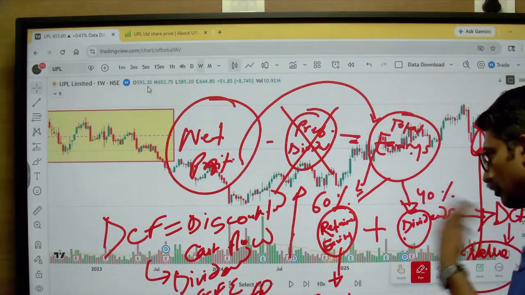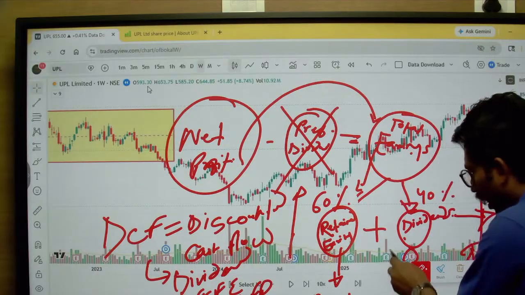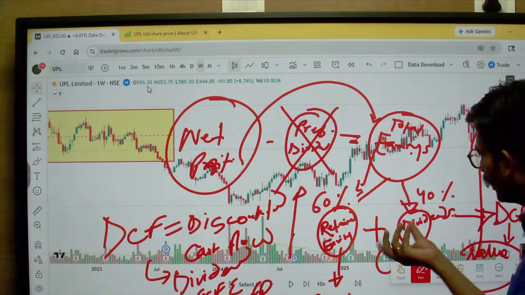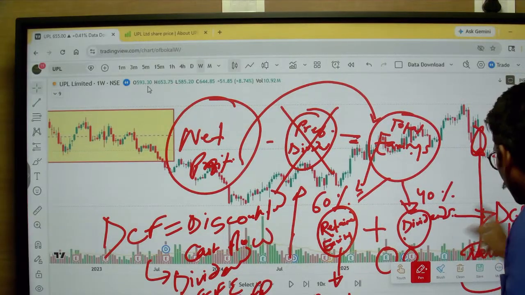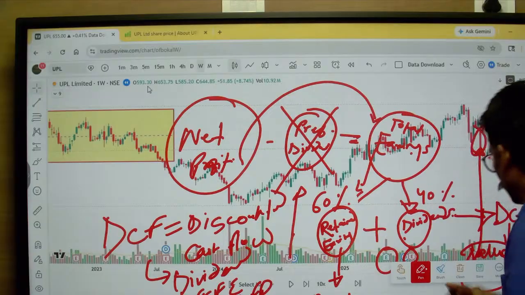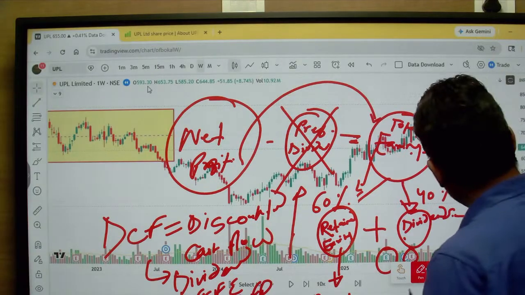So come back to dividends. This earning has two components, retained earning and dividends. And dividend, you calculate the discounted cash flow using the dividend methodology, using the Gordon growth model that you understood.